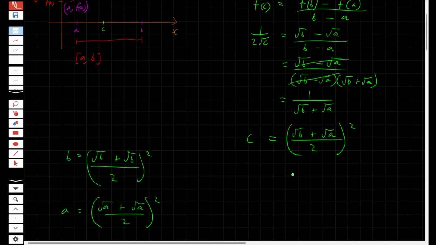So this proves the mean value theorem, that there is a point c where the slope of the tangent line at this point is equal to the slope between a and b. So we can write c is greater than a but is less than b.